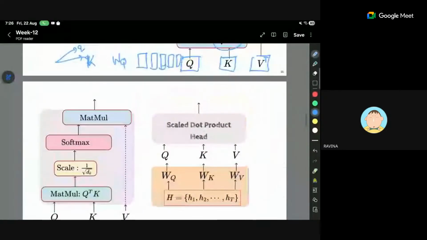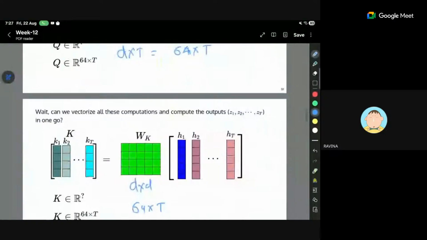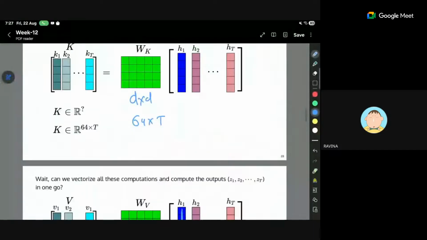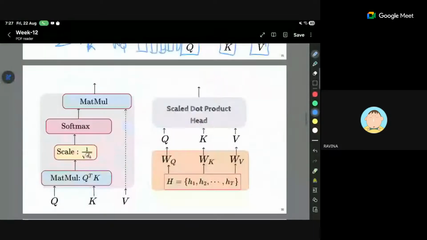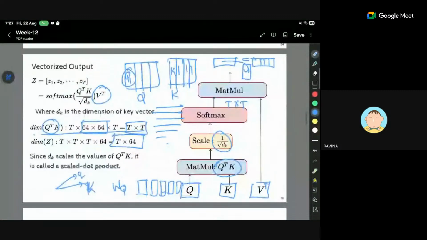Okay, so that is self attention. What you have to do is multiply the three matrices to produce the key, query and values vectors. This is the main idea of how you are going to multiply. If you do this, then you will get attention scores.